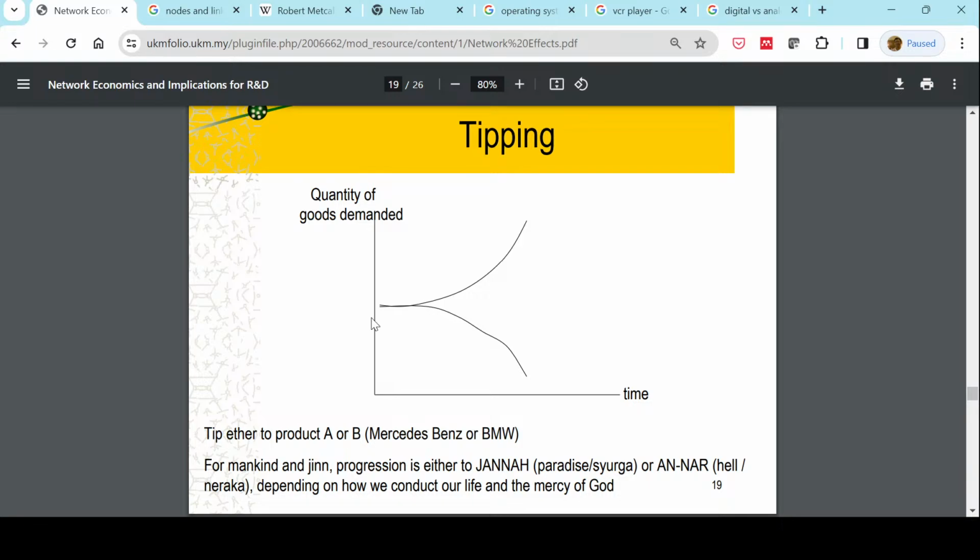So tipping is about the choice between two technologies or between two products or between two operating systems like Android or iOS. And this can be applied to our video assignment.